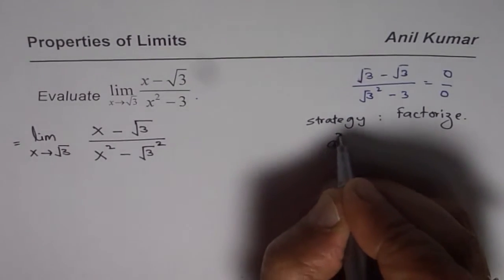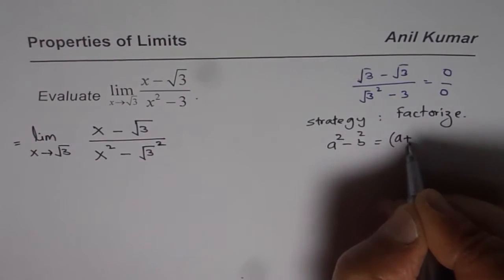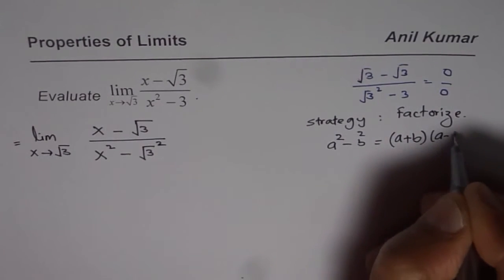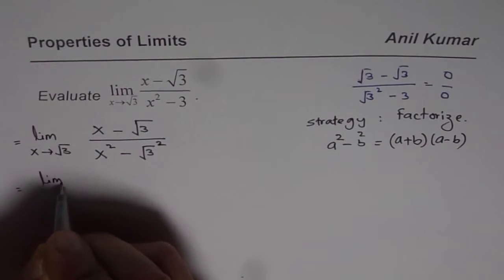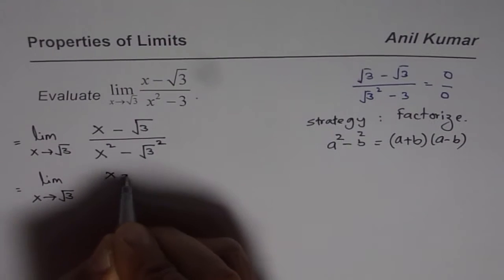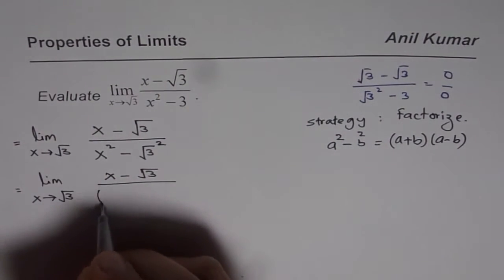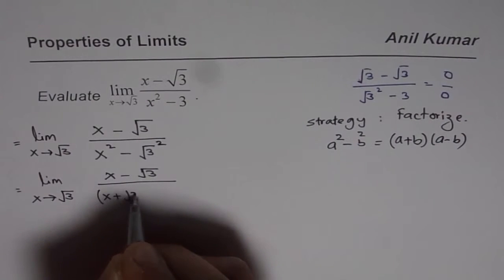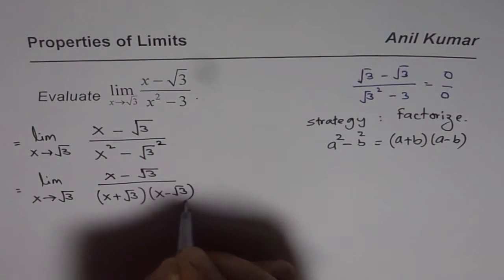You remember a square minus b square could be written as a plus b times a minus b, right? So we'll factor. So what we get here is limit x approaches square root 3, x minus square root 3 in the numerator, and denominator could be written as x plus square root 3 times x minus square root 3.